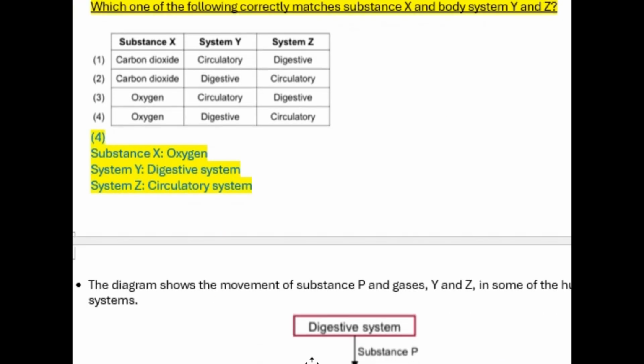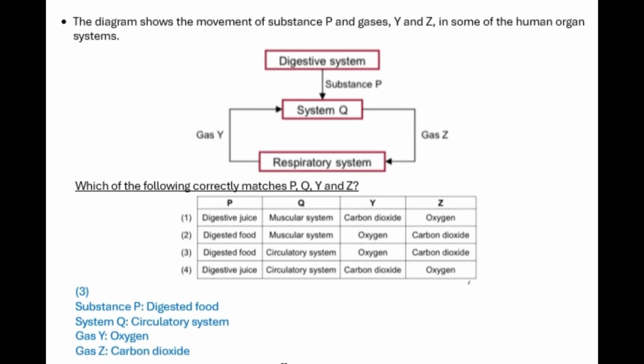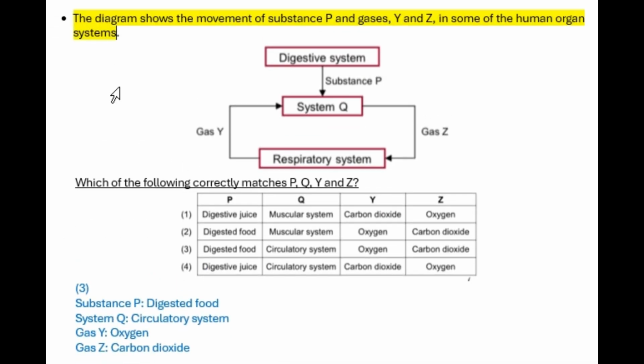The diagram shows the movement of substance P and gases Y and Z in some of the human organ systems. Which of the following correctly matches P, Q, Y, and Z?